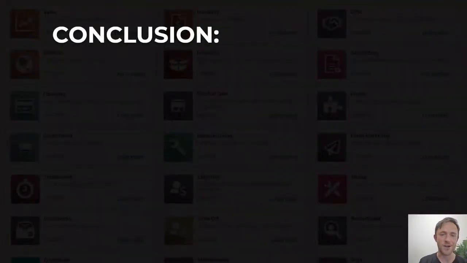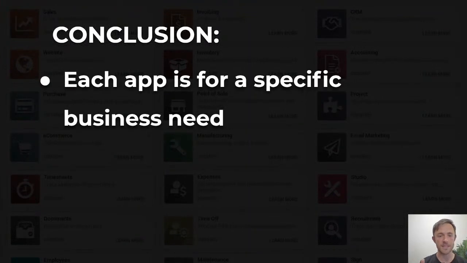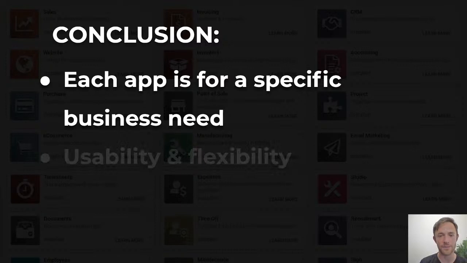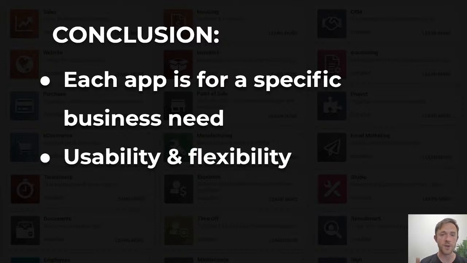So let's wrap it up. I hope you were able to see today and understand that each individual app is designed for a very specific business need or department, type of employees, and it allows for new workflows, new processes, data management related to that. For every single app, we always prioritize the ease of use so that people can learn it and adapt to it quickly.